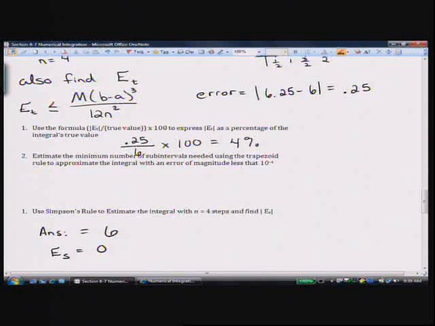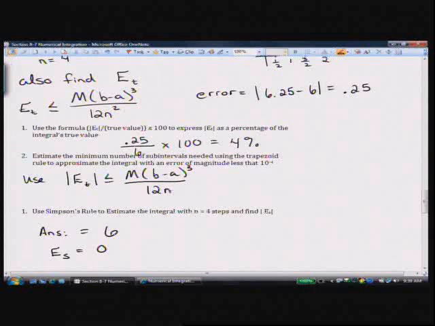You want to use this formula, E of T is less than or equal to M times (b minus a) cubed over 12 n squared, and you want that to be within 10 to the negative 4.